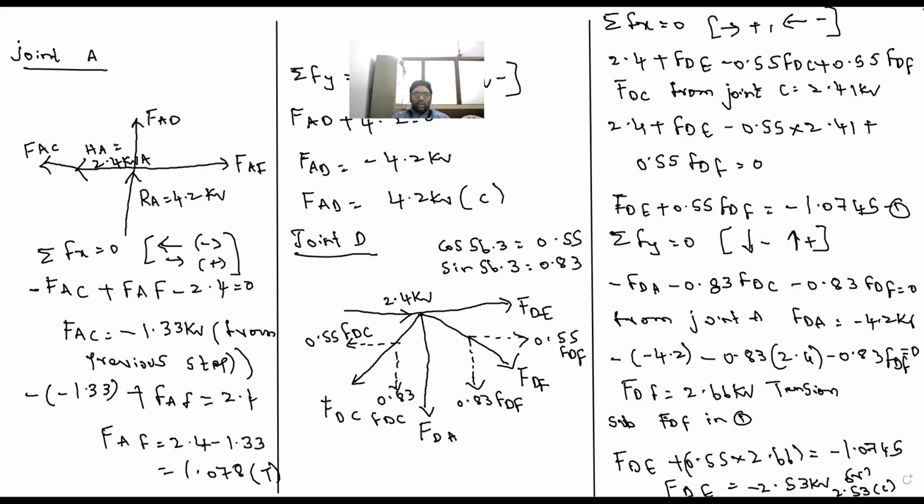Okay. Now this is about joint D. So let us go to joint A. We need to go to joint A. So to go to joint A, we need to see what all we have.